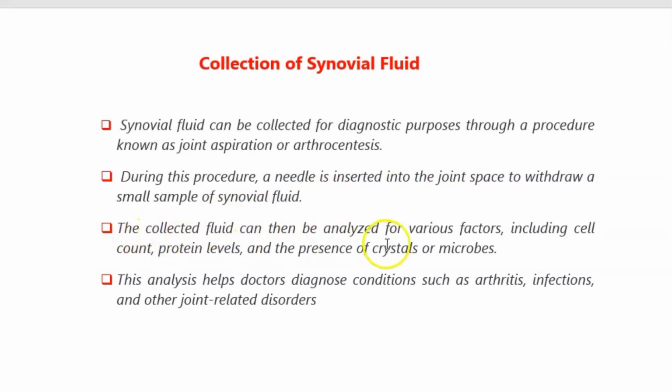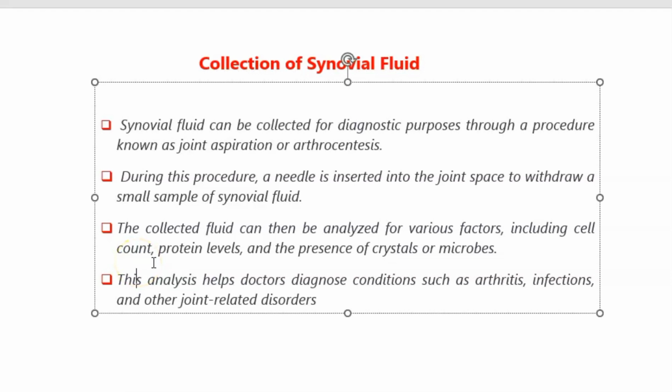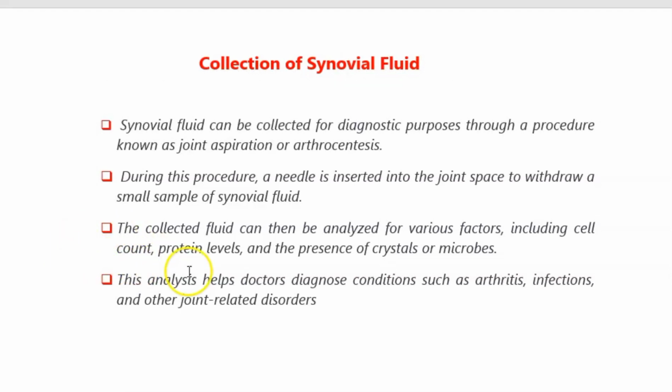This collected fluid can then be analyzed for various factors that include cell count, like white blood cell count, protein levels, and the presence of crystals or microbes, whether microorganisms have invaded the joint area, or the white blood cell count to know the level at which the area can fight disease, and also the protein level present in that synovial fluid.